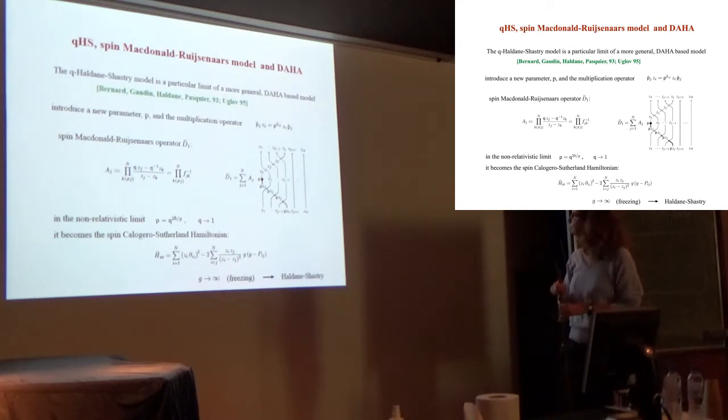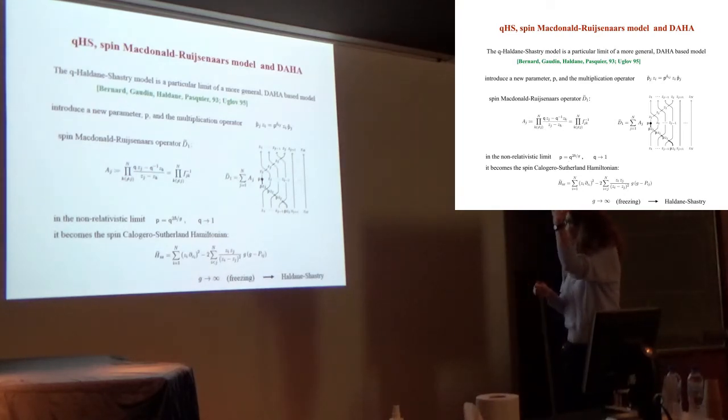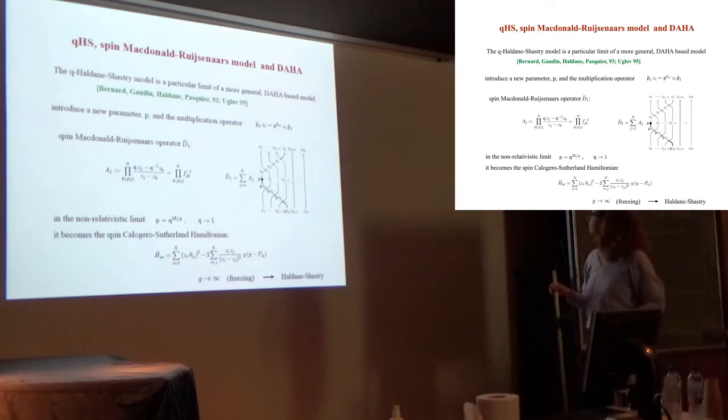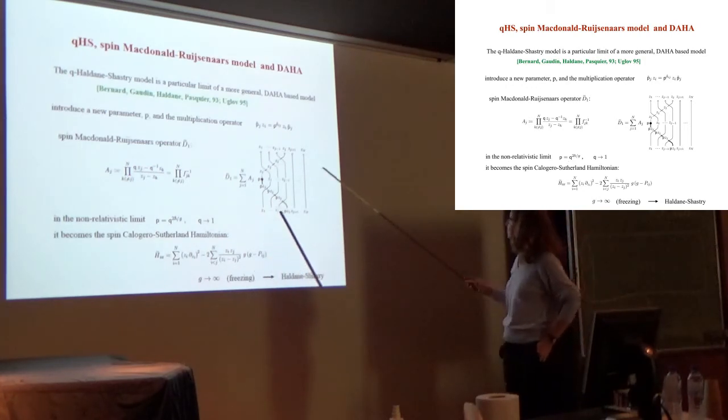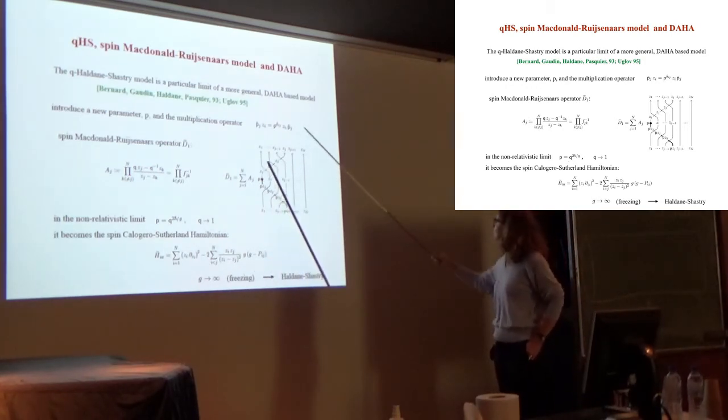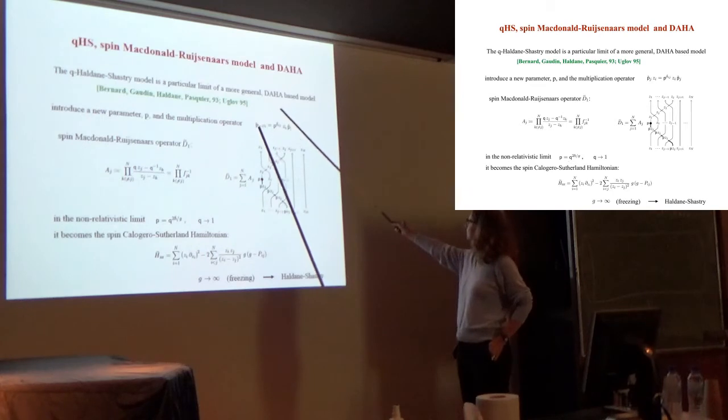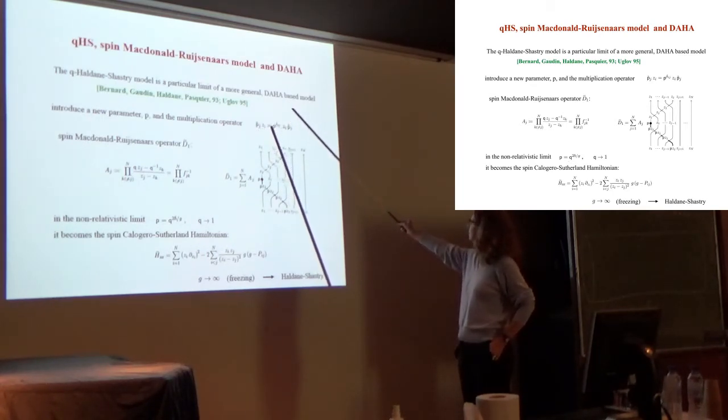better the interaction. So what is this dynamical model with spin, which I called the spin Macdonald-Ruijsenaars or spin Ruijsenaars-Schneider model. In this case, we introduce a shift operator, which shifts a variable z by a number p.